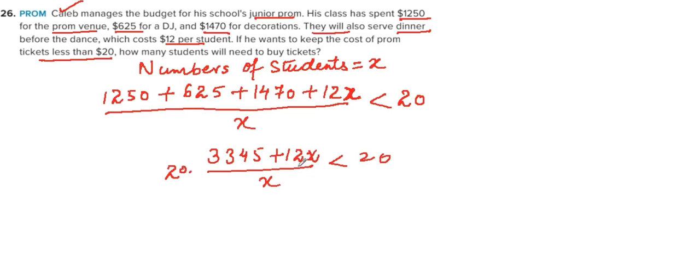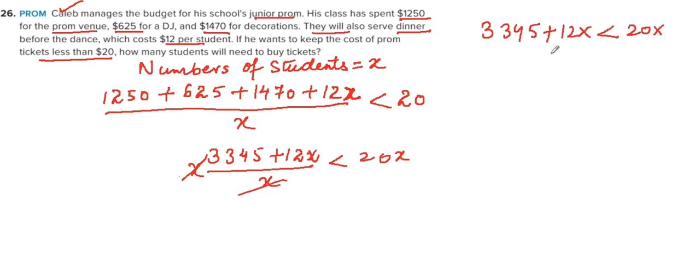Multiply 20 on this side and multiply x on this side, because x is in the denominator, and multiply x here. This and this cancel out. We are left with 3345 plus 12x less than 20x. Minus 12x, minus 12x, cancel out.